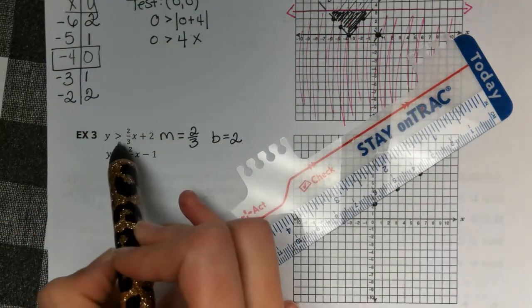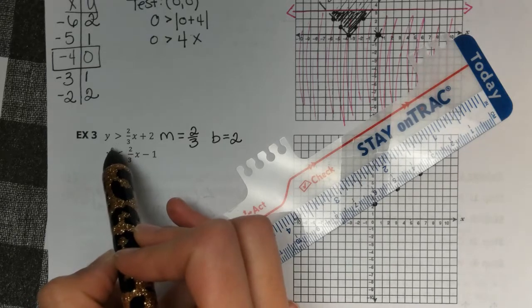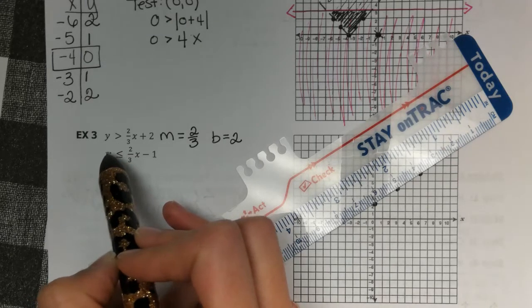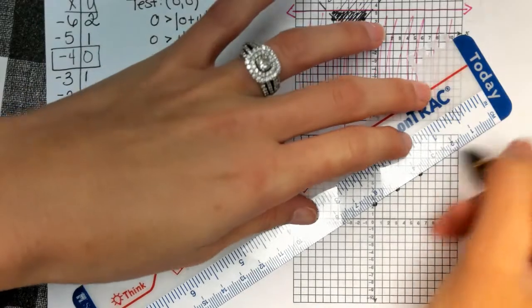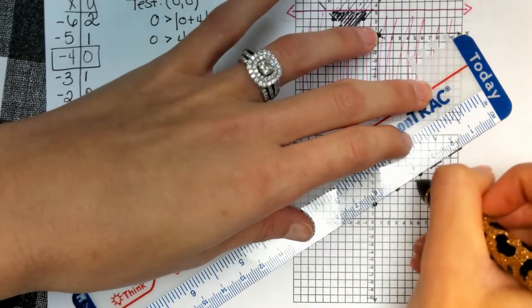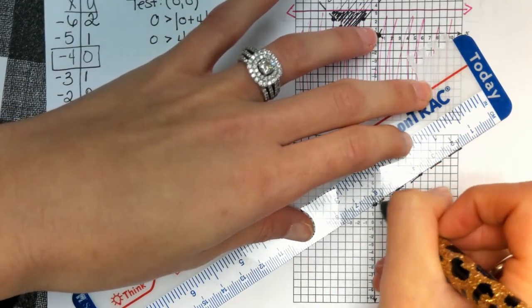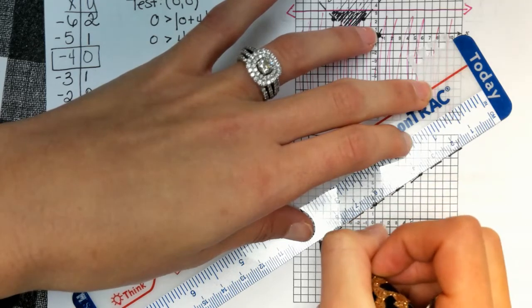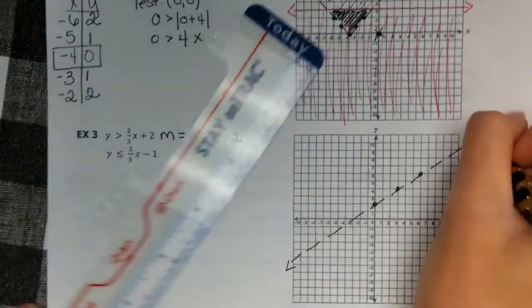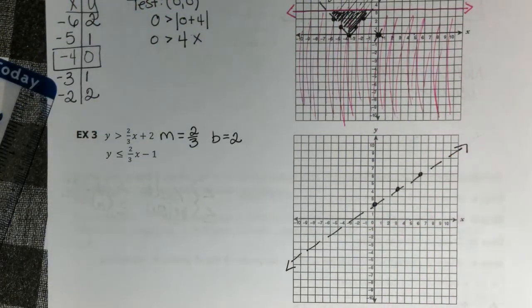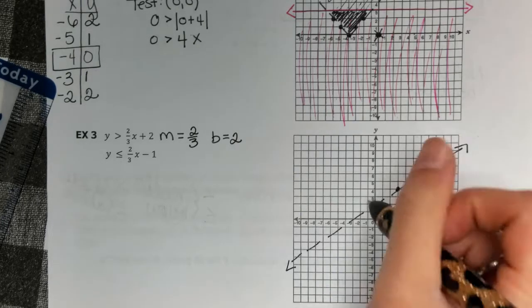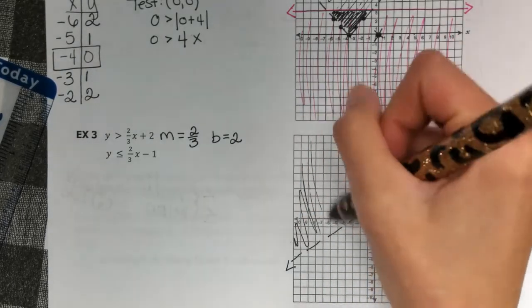If I look at my inequality, is it dashed or solid? It's going to be dashed. And greater than is shaded above.